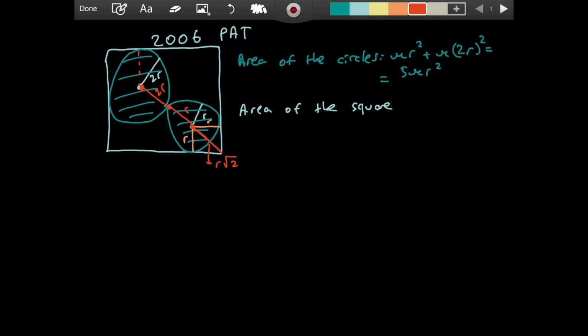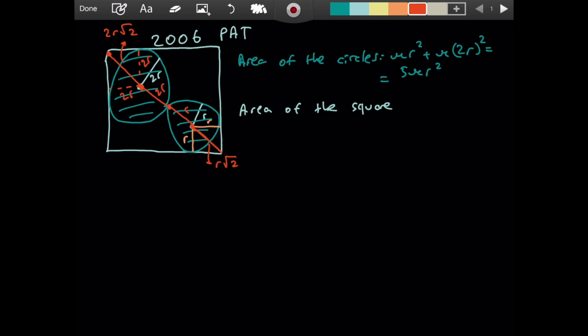Then you do a similar thing here. This is 2r, this is 2r. What is this section then? From a similar Pythagorean theorem calculation, you see that this is 2r square root of 2. If we want to find the diagonal of the square, we just add the lengths.